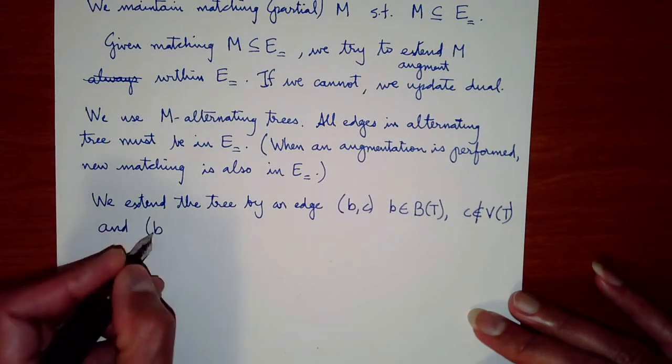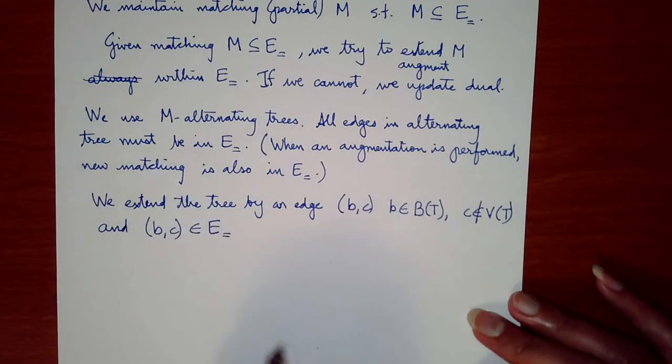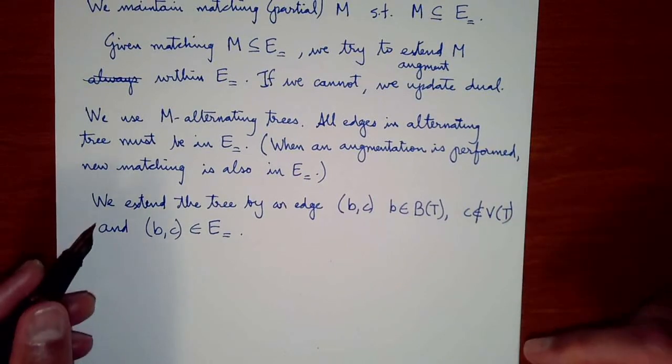And BC has to be an equality edge. It must be an equality edge. Right? Because those are the rules of the game. So as long as we can do this, we can continue to do this.